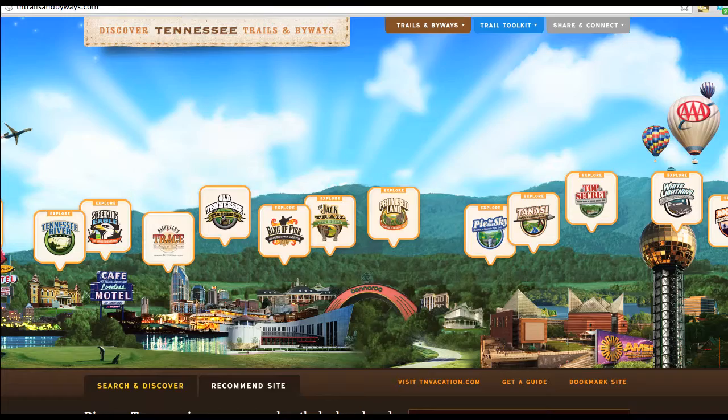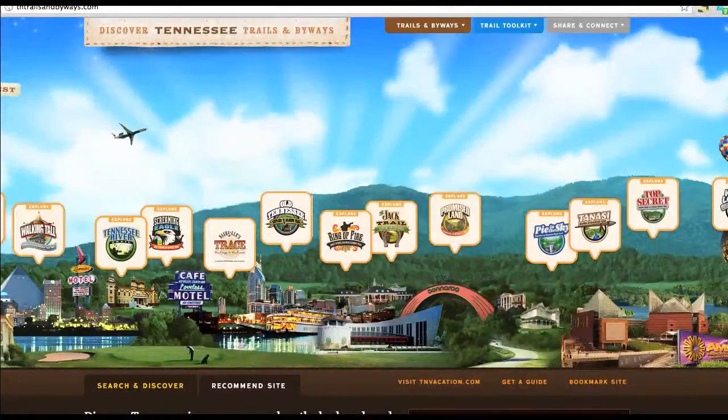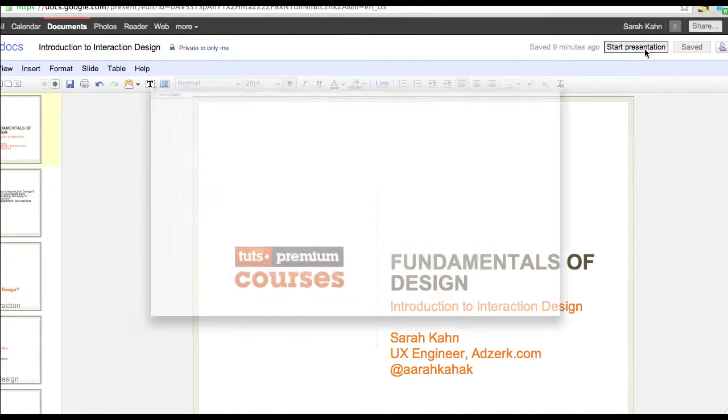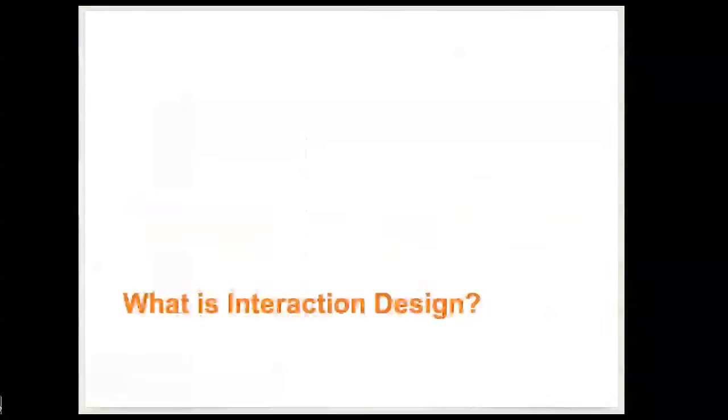So let's go and play around with this stuff. If I can get my slide back. Bear with me for a moment. So yeah, that was the experience I had at that Trails and Byways site.